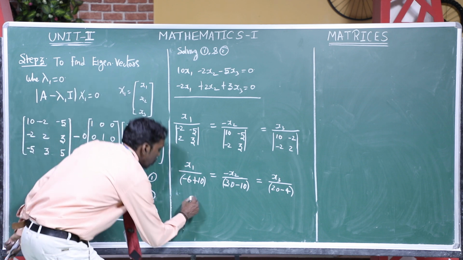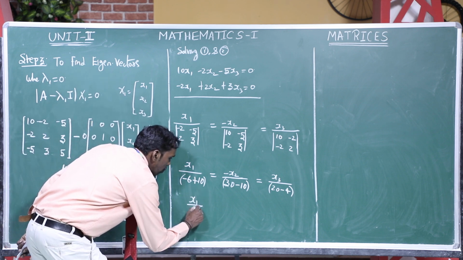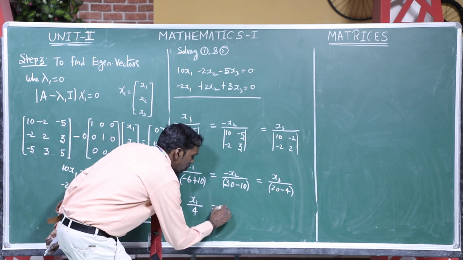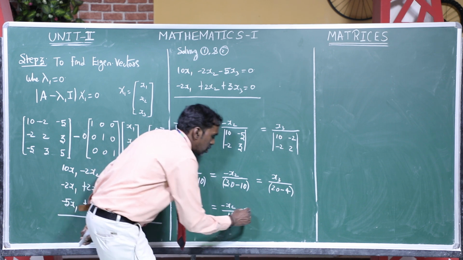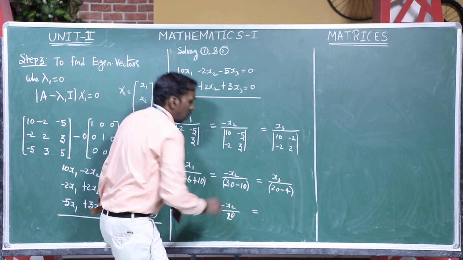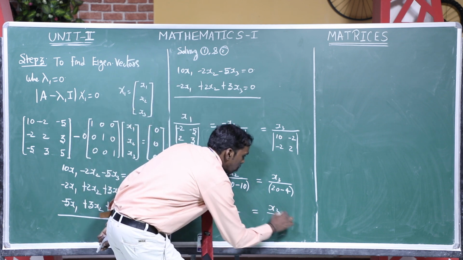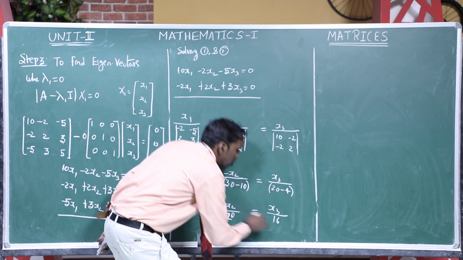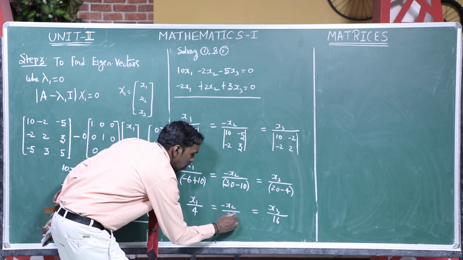So x1 by 4, then minus x2 by 20 (30 minus 10 will be 20), then x3 by 20 minus 4 will be 16. This is all divisible by 4.